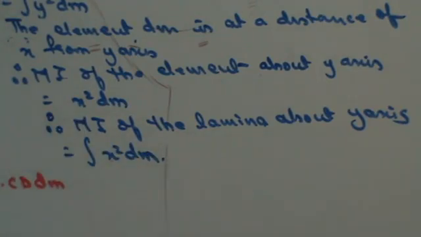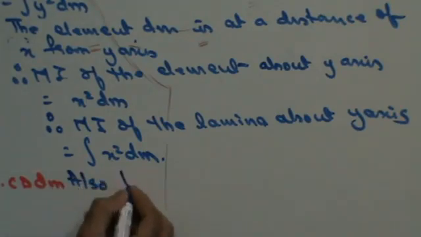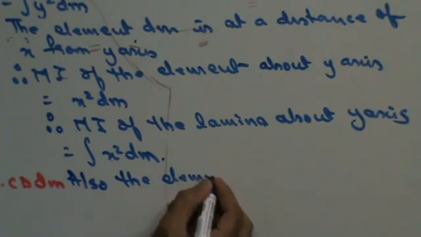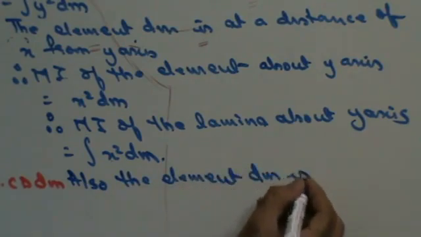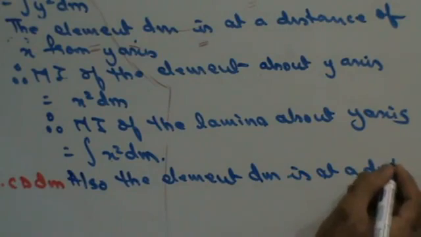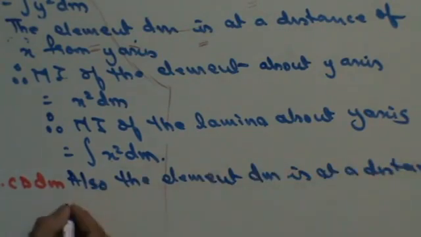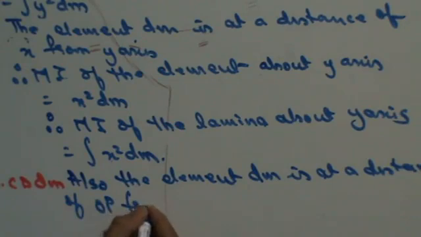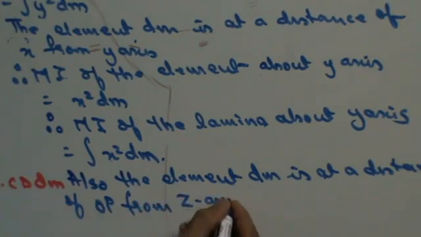Now once I have this, I can say that the element dm is also at a distance of OP from the z axis.